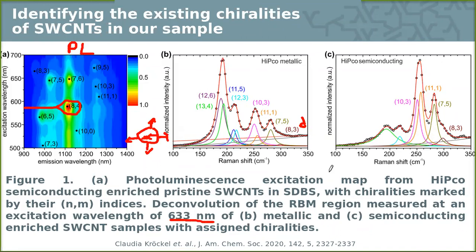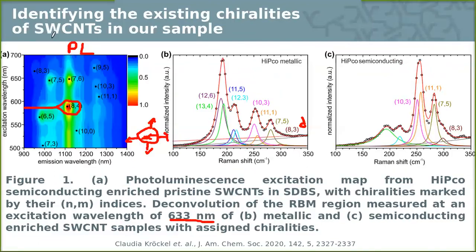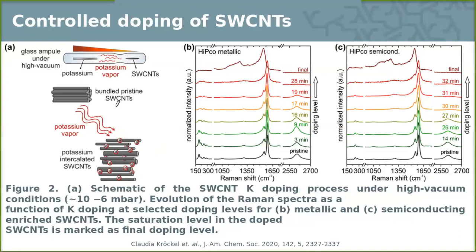Then, after we knew for sure which kinds of nanotubes we had in the sample, we did the intercalation. We took potassium, put it into a sealed capsule, put in the single wall carbon nanotubes, evaporated the potassium, and then we ended up with this kind of system.